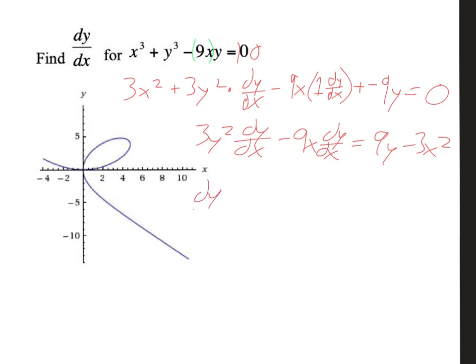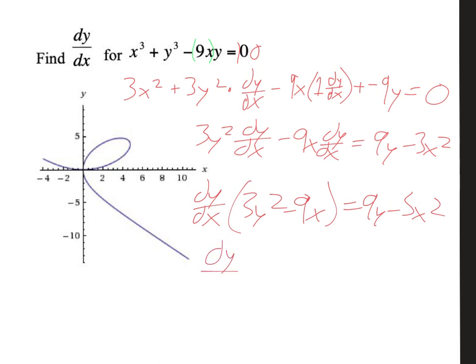Say dy dx times 3y squared minus 9x equals 9y minus 3x squared. Dy dx then, to get it by itself, I need to divide, is 9y minus 3x squared over 3y squared minus 9x. You could factor out a 3 from everything if you wanted to, that'd be fine, but not required.